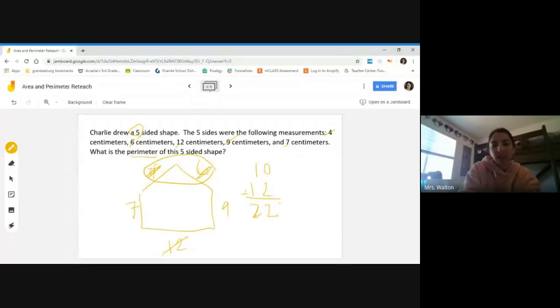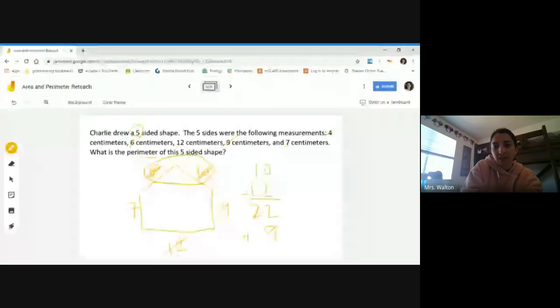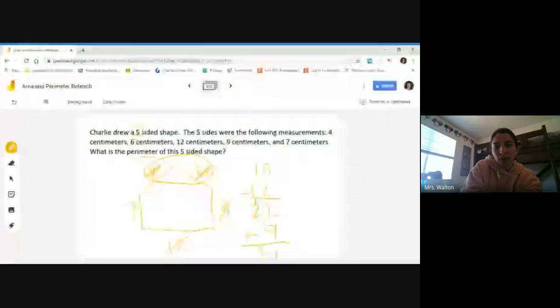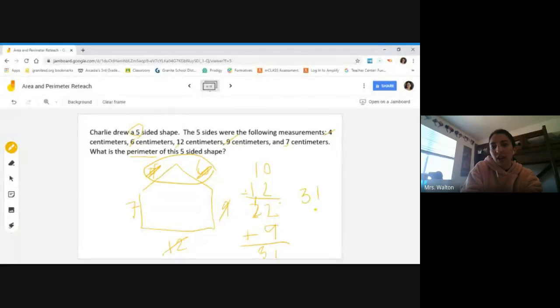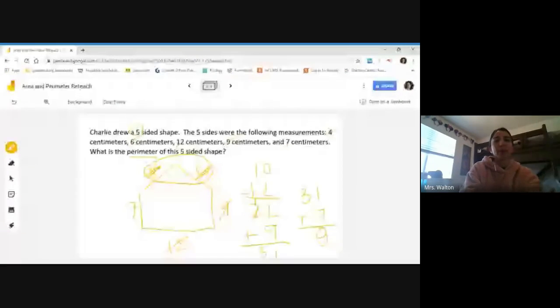And then 22 plus 9 gets us 31. And then add 31 and 7. 31 plus 7 is 38. So our perimeter of our 5-sided shape is 38.